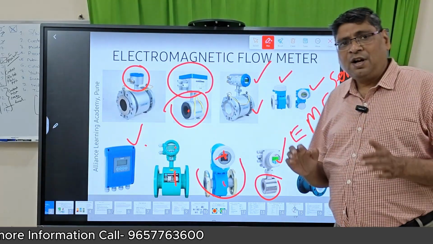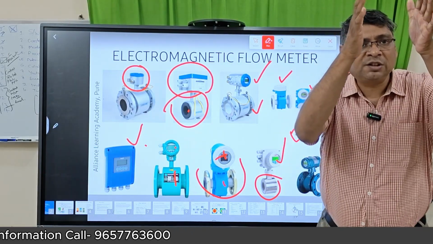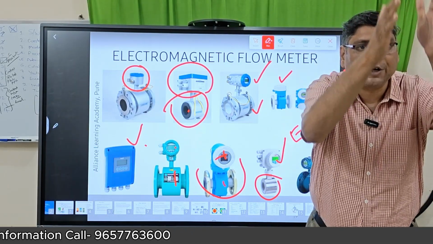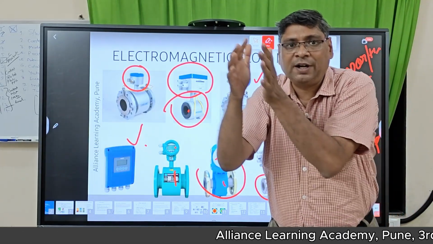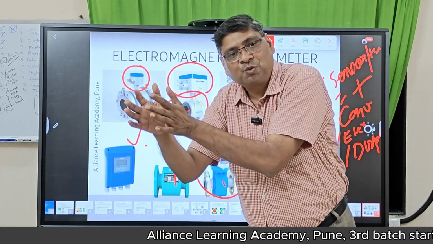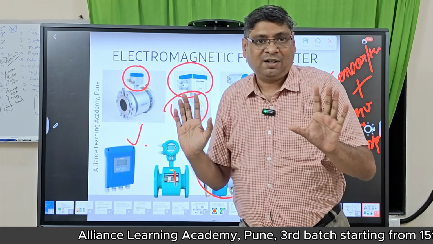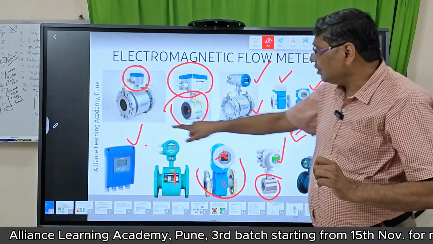So next time, electromagnetic flow meter means your sensor or head or tube plus your electronics or display or converter. Understand?